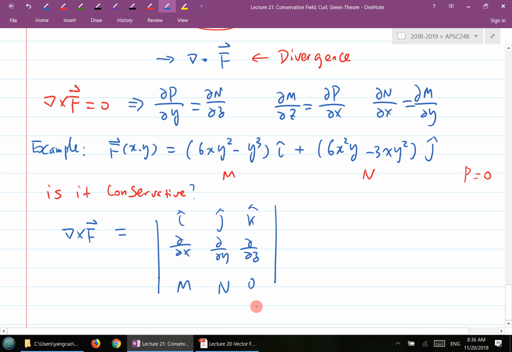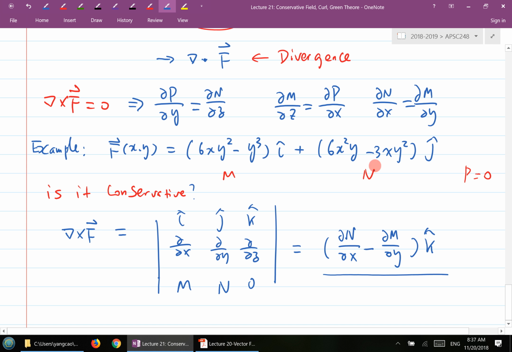So basically, the cross product of two 2D vectors gives you a vector perpendicular to the xy plane, which is essentially pointing in the z-axis direction. So you will end up with a very simple cross product, which is partial n over partial x minus partial m over partial y, and then k hat. That's the formula when you're dealing with just 2D.